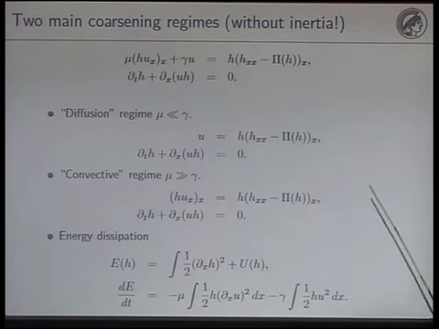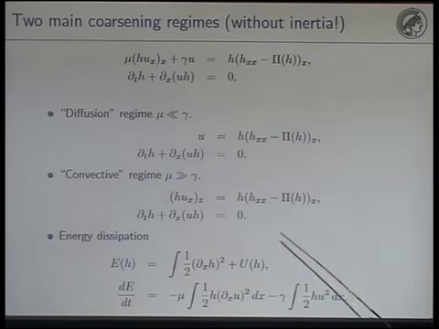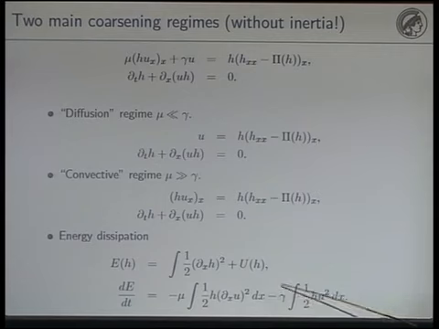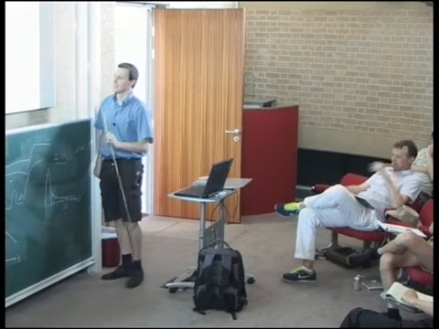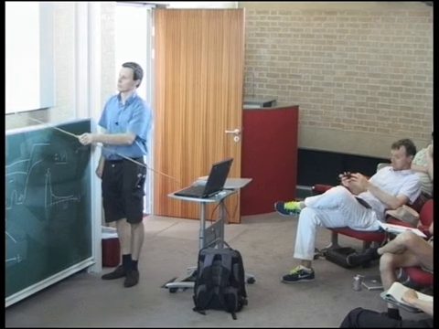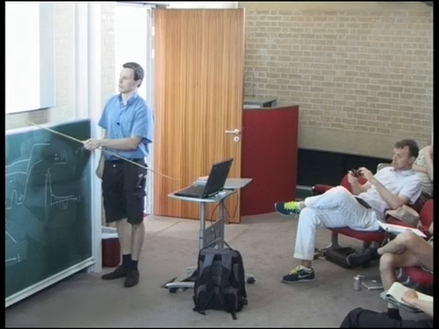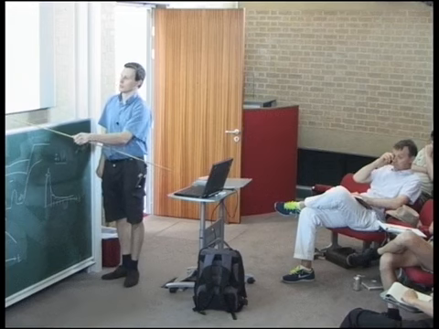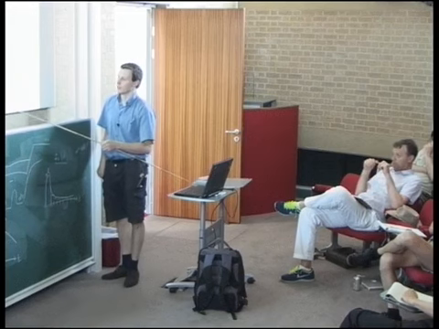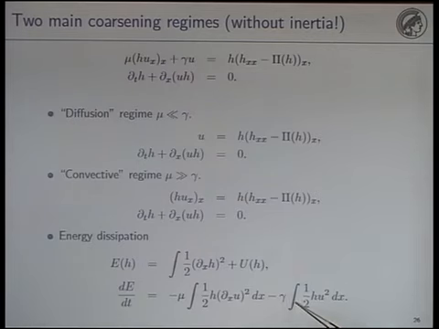But it now has two dissipation terms. One corresponds to the classical lubrication term, which is proportional to gamma. The other is the viscous dissipation, similar to the dissipation in the Stokes equation up to this mobility term. And these two dissipation mechanisms compete with each other.